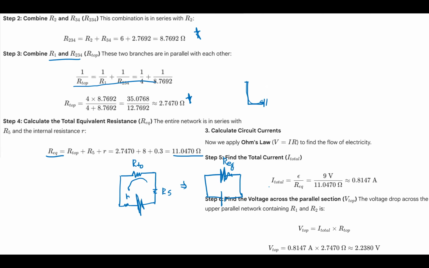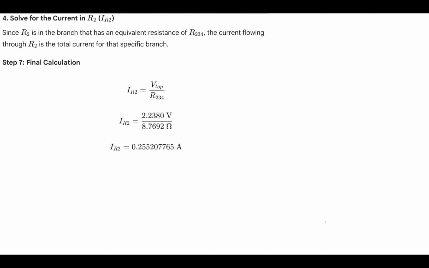And utilizing this, the total current is given by this one, and we get this one. And to find the voltage across the parallel combination, V top, V top is given by I total times R top. Okay. And then solve for the current in R2.